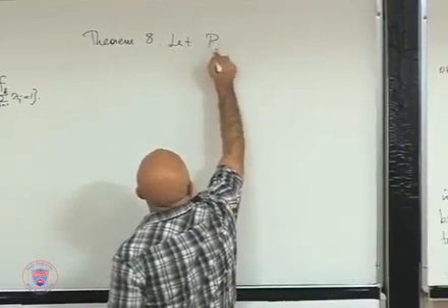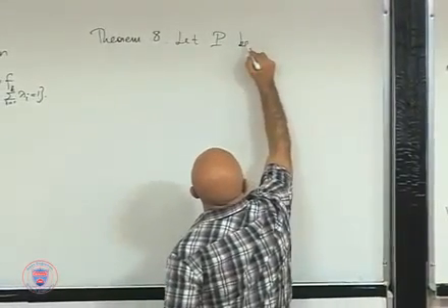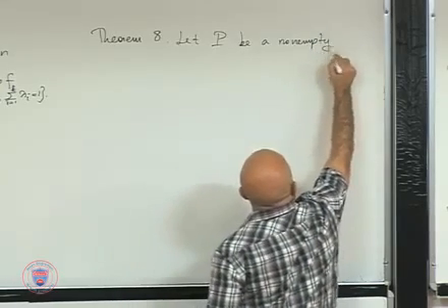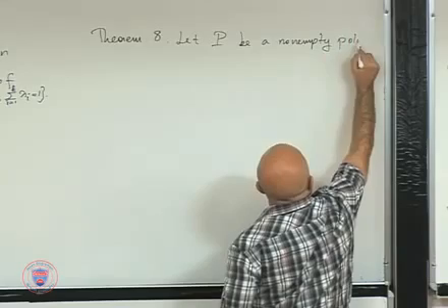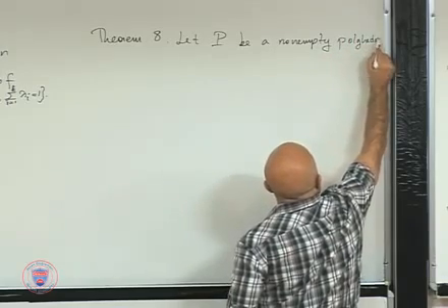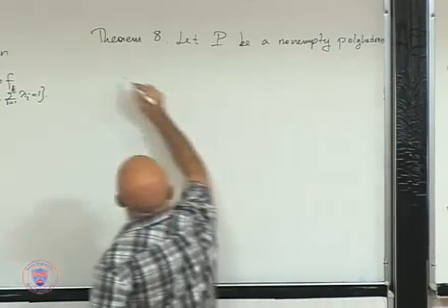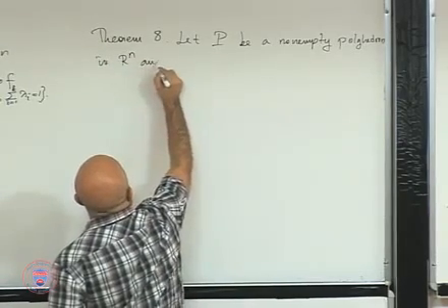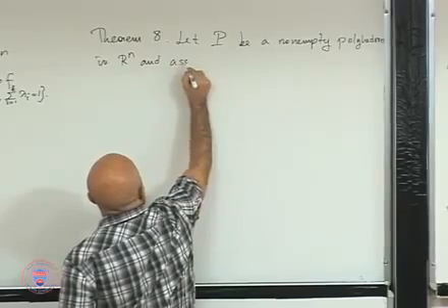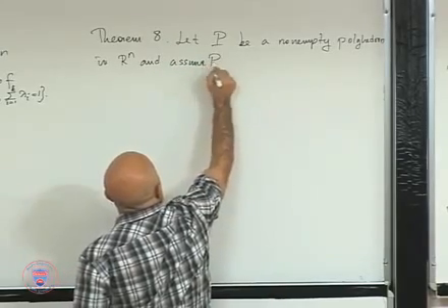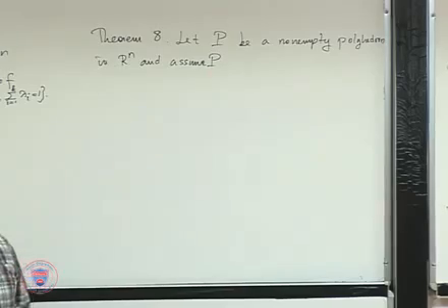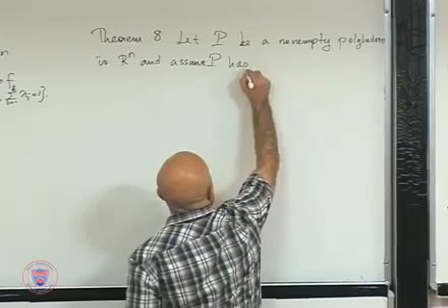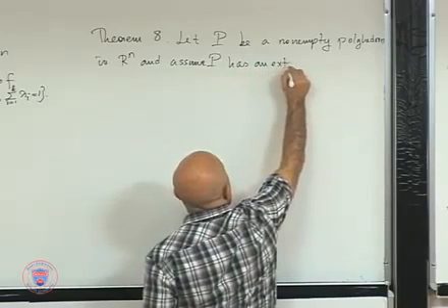Let P be a non-empty polyhedral set or non-empty polyhedron in Rn. And let's assume P does not contain a line, meaning that it has at least one extreme point. Assume P has an extreme point.